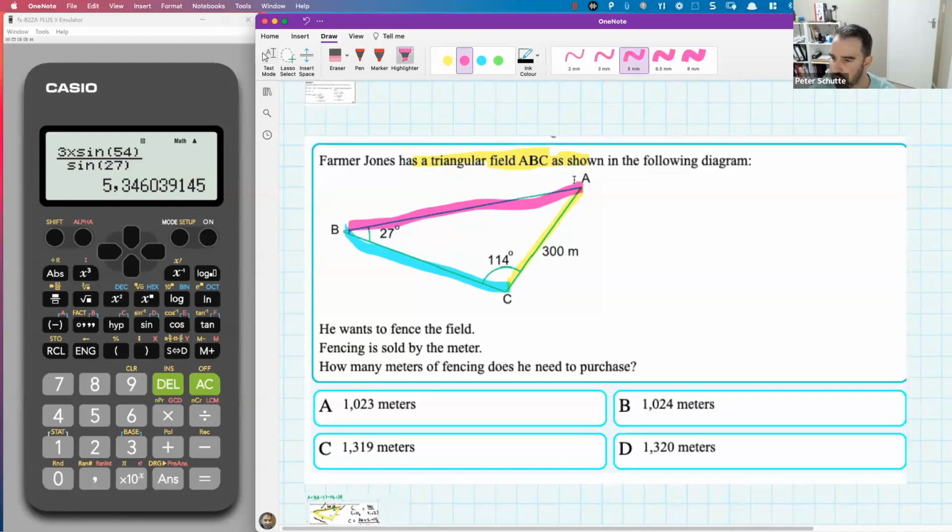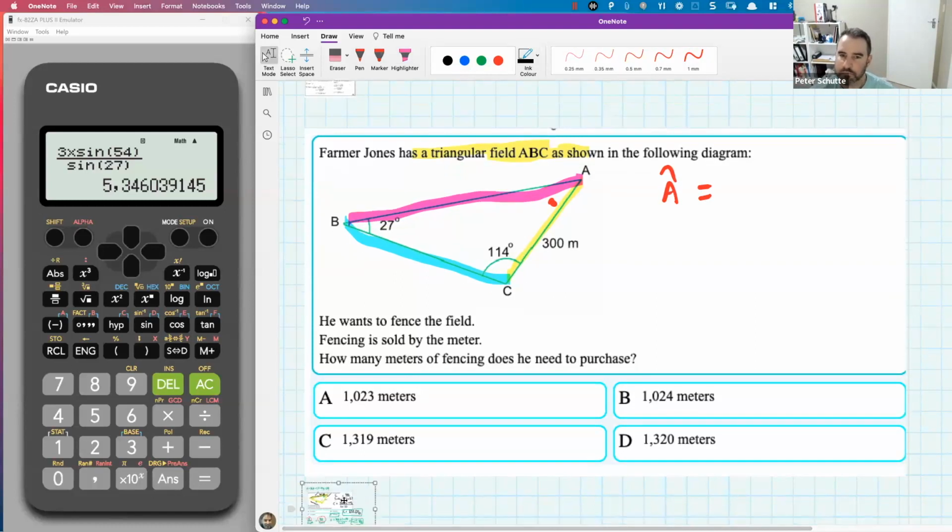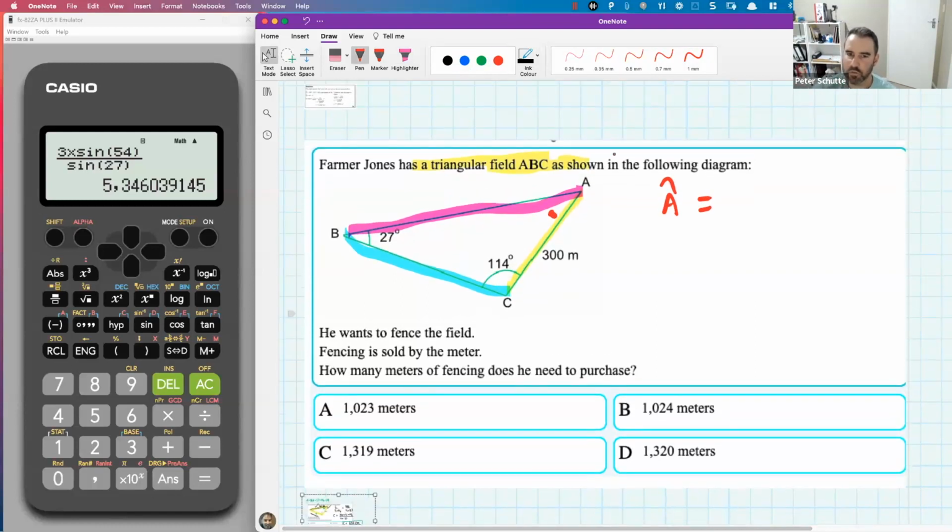Okay, so Impor and Kat have said, let's find angle A. So you guys tell me, what is angle A going to be? Let's find that first. Okay, so A is going to be 39 degrees because of sum of angles in a triangle.